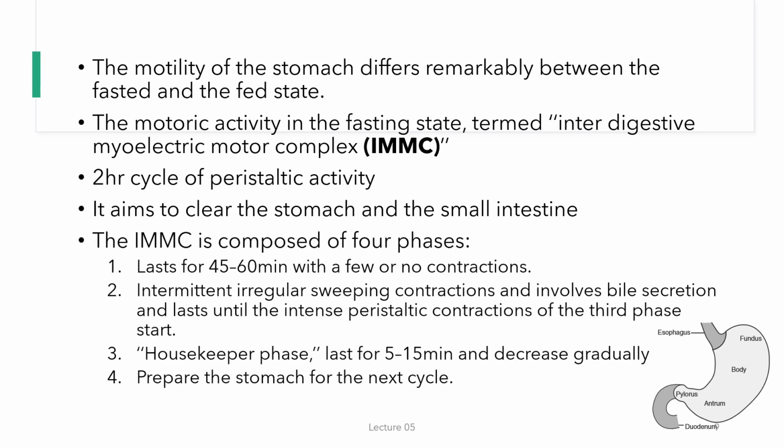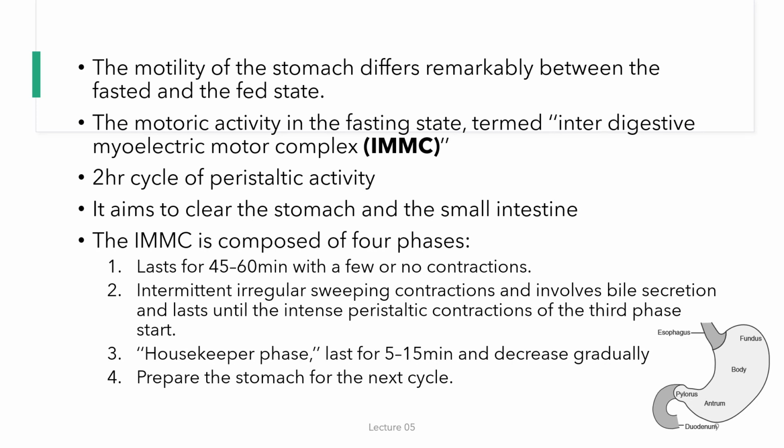The main aim of this IMMC is to clear the stomach and the small intestine of undigested residues, saliva, and sloughed epithelial cells. The IMMC is composed of 4 phases.